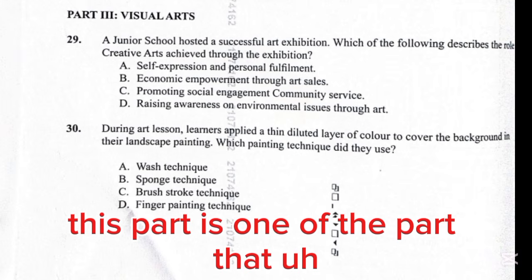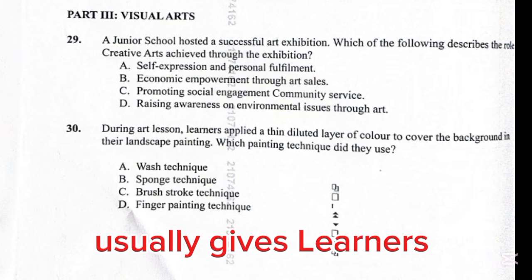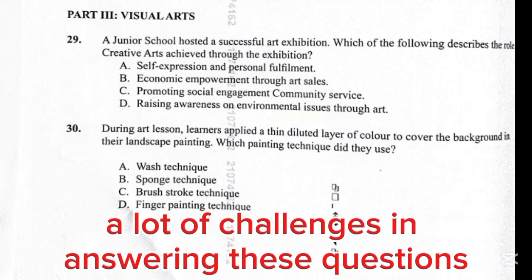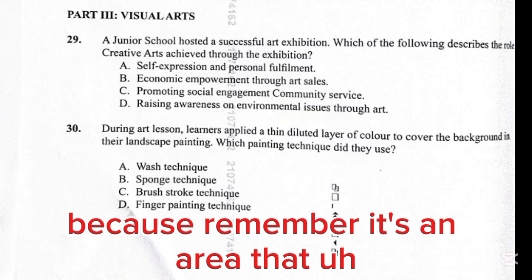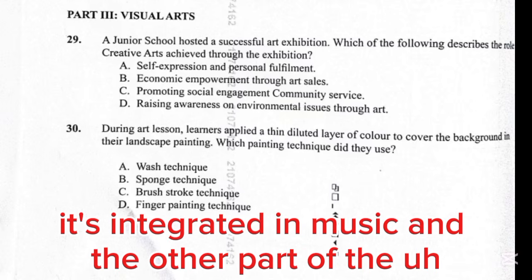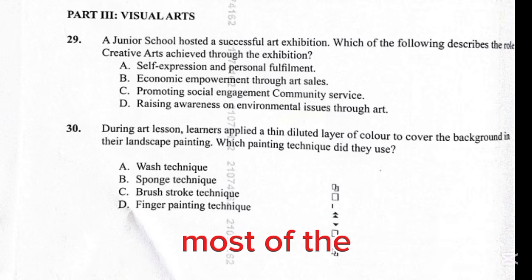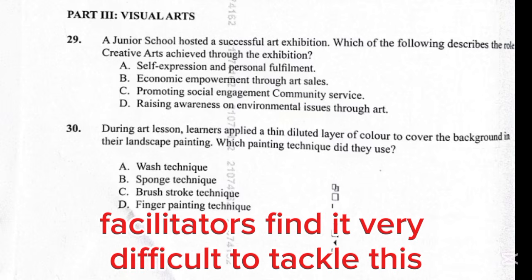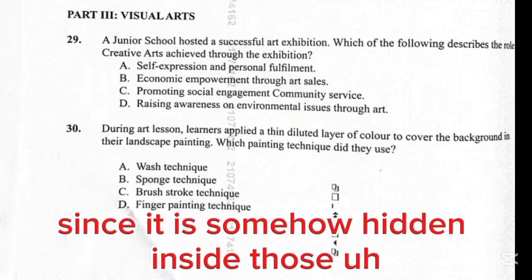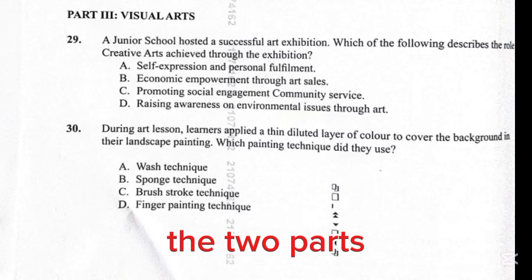And you find that this part is one of the parts that usually gives learners a lot of challenges in answering these questions, because remember it's an area that is integrated in music and the other part of the sport. So you find that most of the facilitators find it very difficult to tackle this area of visual arts, since it is somehow hidden inside those two parts.